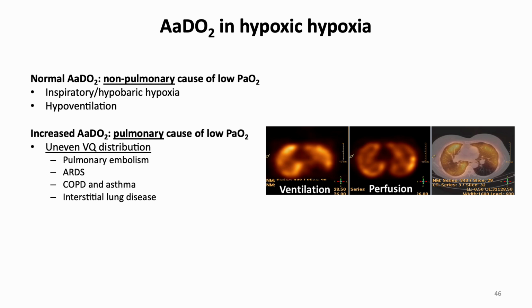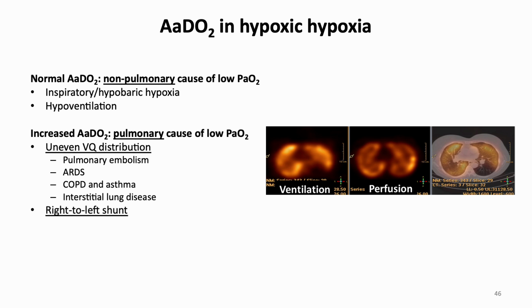It's seen in pulmonary embolism, in the acute respiratory distress syndrome, COPD and asthma, and in interstitial lung diseases. Pathologically uneven ventilation perfusion distribution is the main cause of hypoxic hypoxia.